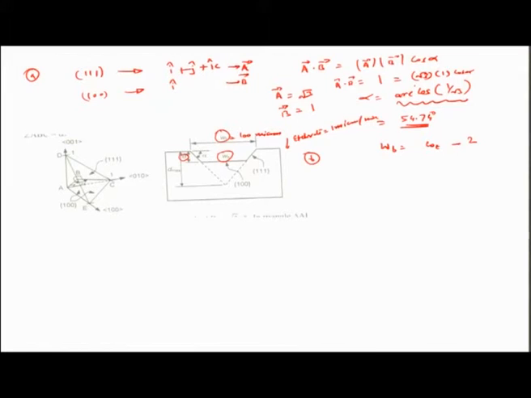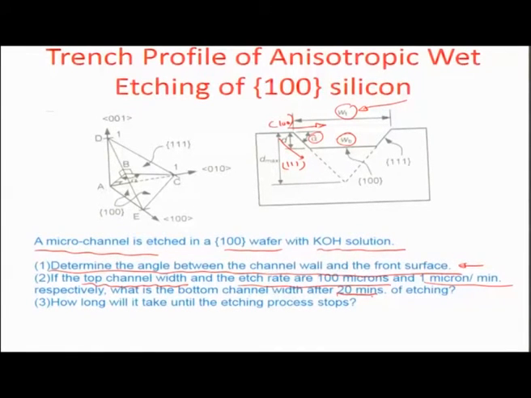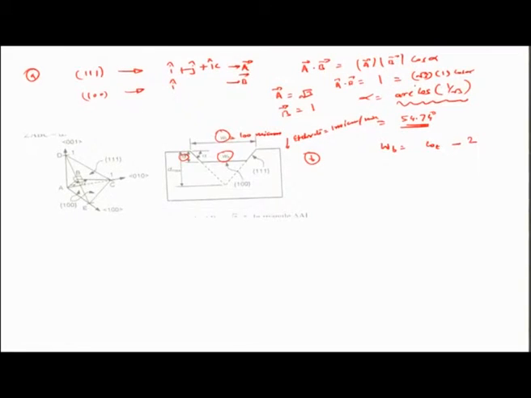In part B, it clearly mentions that the etch is allowed to continue for a total duration of 20 minutes. So there are about 20 microns which would be covered, and d becomes equal to 20 microns in this particular case because of the etch rate being 1 micron per minute.